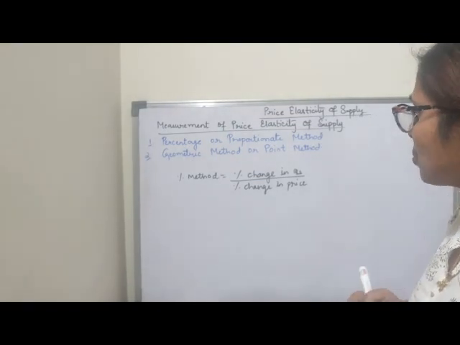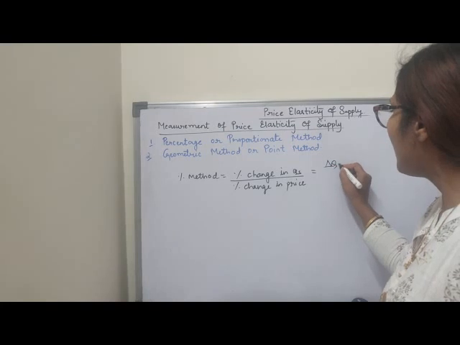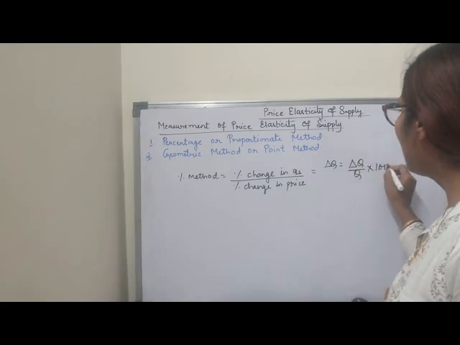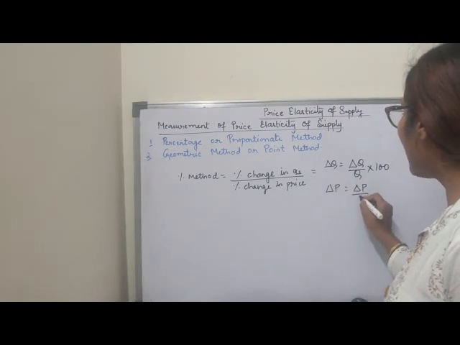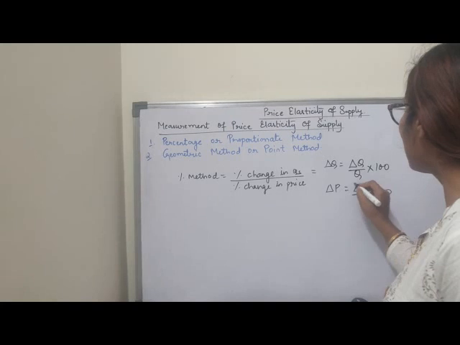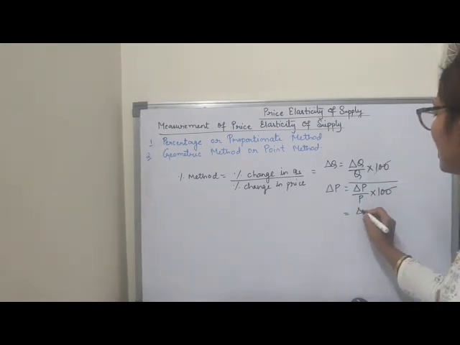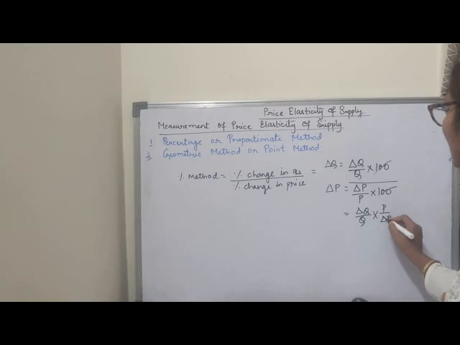Now you see how to find out change in quantity supplied. So change in quantity supplied is equal to change in Q by Q into 100, is it not? And change in price, how to calculate? It's change in P by P into 100, is it not? Now the 100 we will cancel. So you see, change in Q by Q into P by delta P, because we will reverse it at this division sign here.